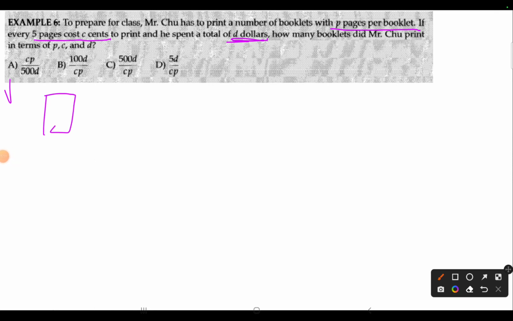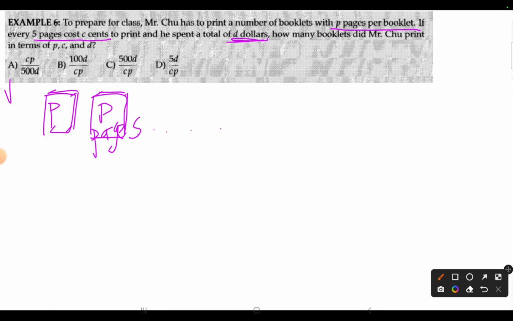He needs to print these booklets. We don't know how many booklets, but we know that each booklet has P pages. Also, for the second sentence, every 5 pages cost C cents.